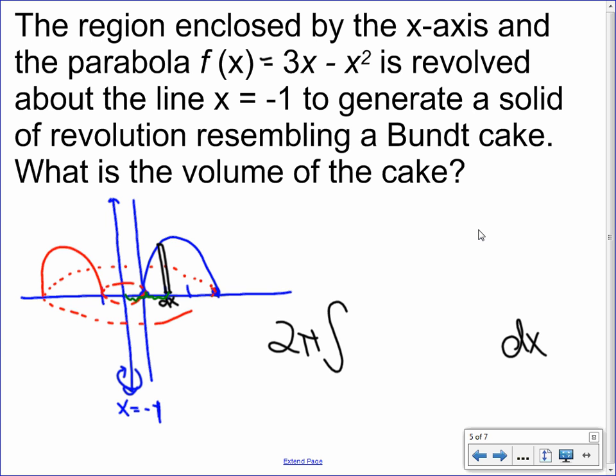So you can think of this as x minus -1, or you can think of it as it takes us x to get to the x-axis, plus we have 1 more unit to get to that axis of rotation. Okay, however you would like to think about it. Does anybody have questions on how we got x plus 1?